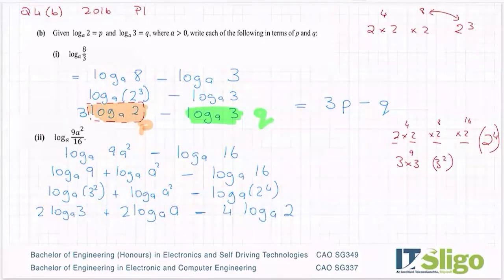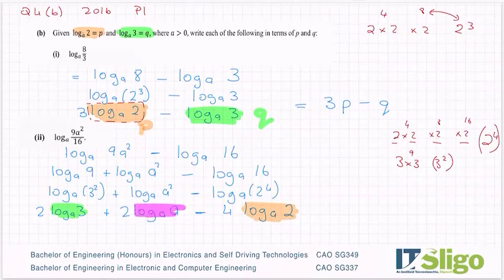Okay, so let's write them now in terms of p and q. Log to the base a of 3 is q. What color did we give q the last time? There's my q. Log to the base a of 2 is p. Now what about this one in the middle, this log to the base a of a?